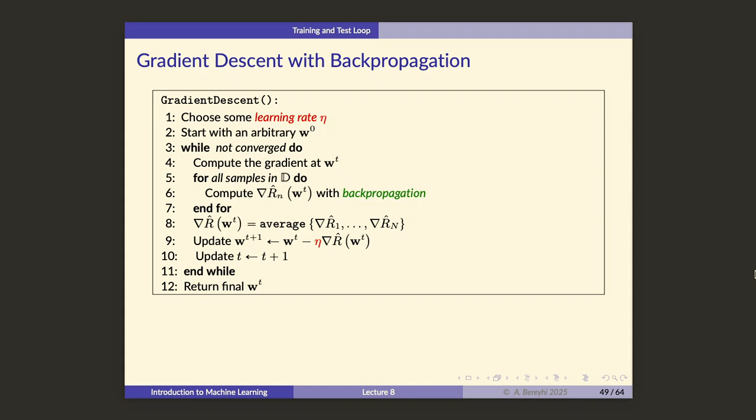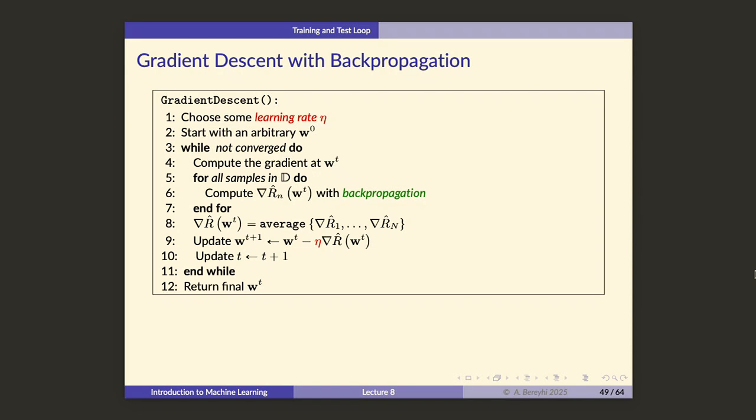Everybody's clear what we're doing? Now, if your data set has 1,000 points, how many times do you do a forward, backward pass to finish one iteration? 1,000 times, right? So for the first point, you go forward, backward. For the second point, you go forward, backward. So on, till you finish with all the points inside your data set.